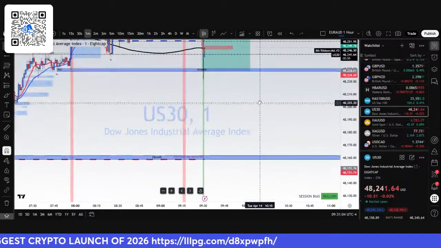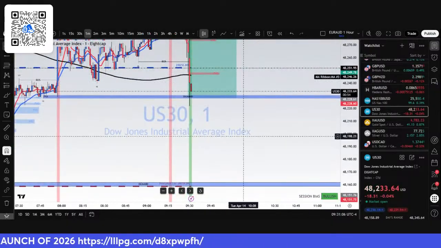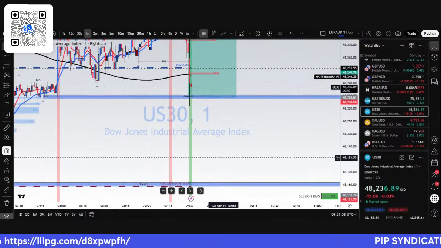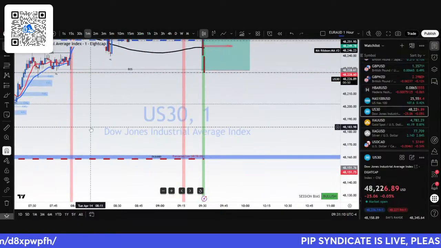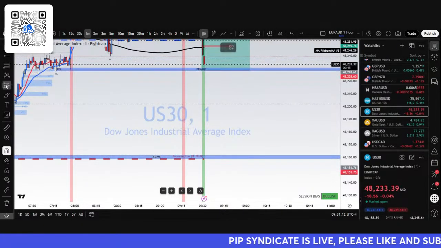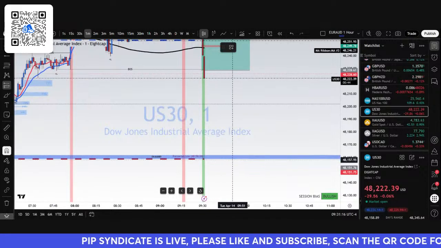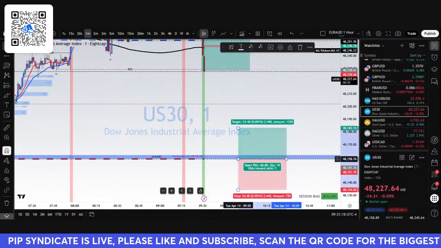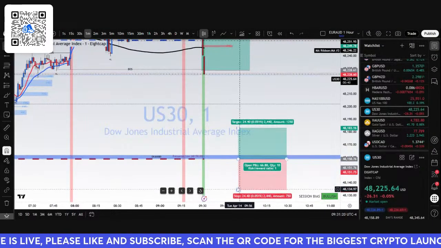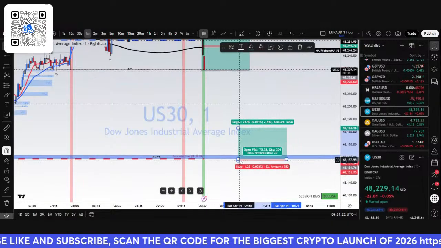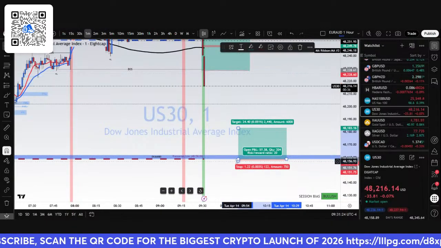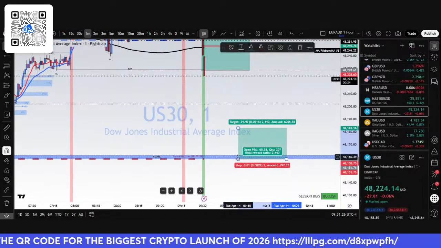If it goes up. If not, we'll be entering again right here. Looks like that's what it might want to do. That's what it's going to look like, guys, if that's the case.